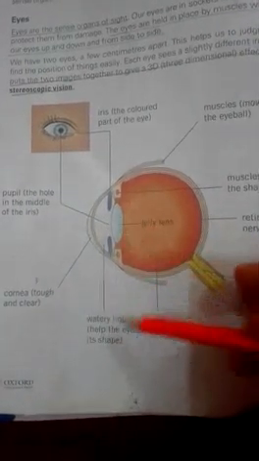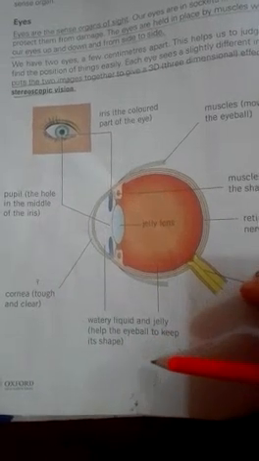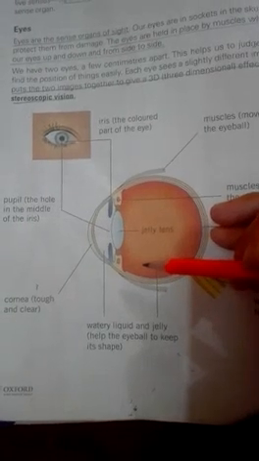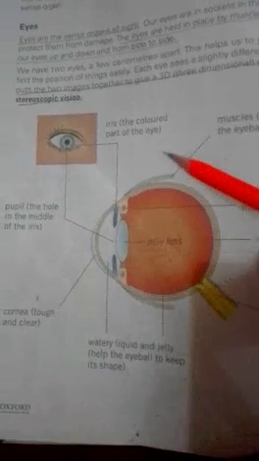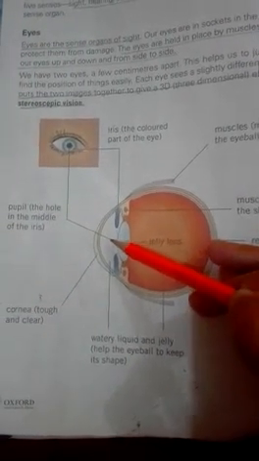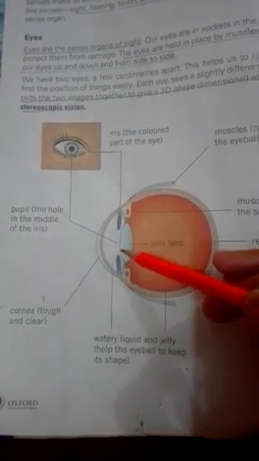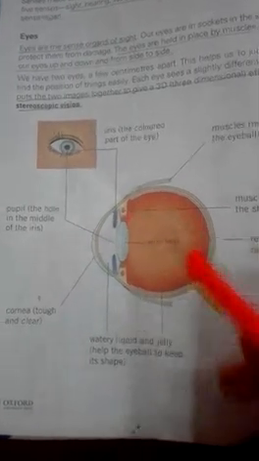And this whitish portion is a watery liquid, and jelly helps the eyeball keep its shape. So: muscles, cornea, lens, white liquid, pupil, and this colored part, the iris.